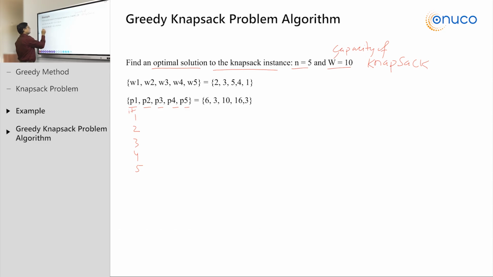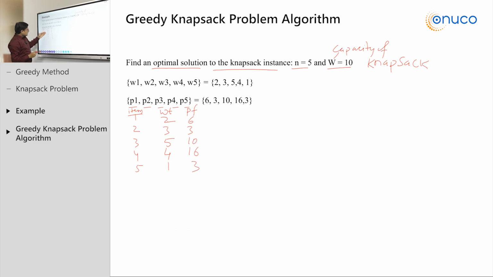Now here we have weights: the first element's weight is 2, the second is 3, then 5, then 4, and 1. Thereafter we have profit. We are going to write 6, 3, 10, 16, 3.